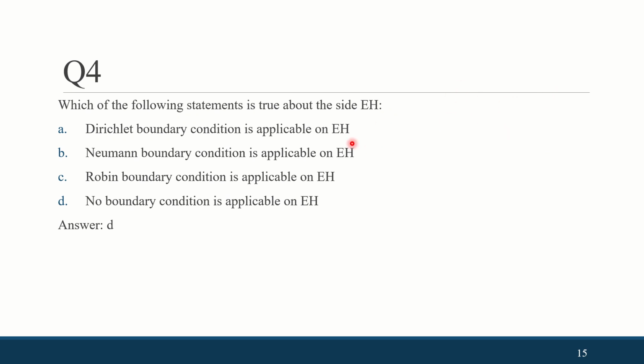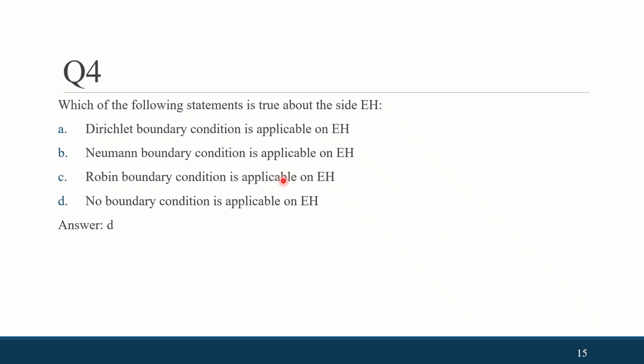In Newman boundary conditions, we would have dou u by dou x is equal to 1 or dou u by dou x is equal to some g. Whereas in Robin boundary conditions, we would have u times of something plus dou u by dou x times of something is equal to some value. This is what is given in the Robin boundary conditions.